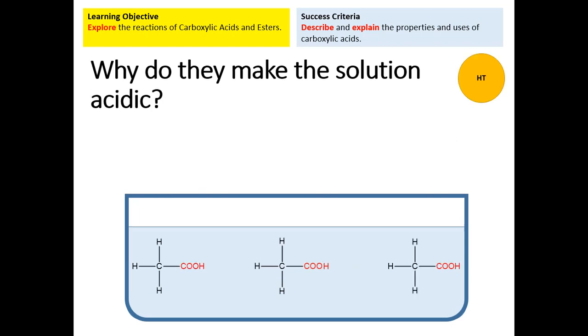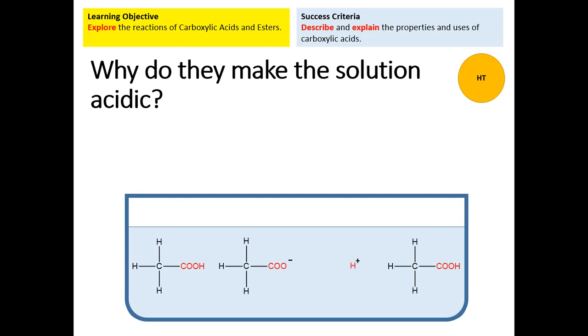Now, this is the bit that's on higher tier. When you do a different topic, when we're talking about the reactions of acids and alkalis, this is really important for this as well, knowing why something's an acid, not specifically carboxylic acids, but knowing what a strong acid is and what a weak acid is. So it's good crossover on the topics here. If we look, there we've got 3 different molecules of our ethanoic acid. Now, obviously, there would be millions of these, but what we can see is that not all of the carboxylic acids dissociate.